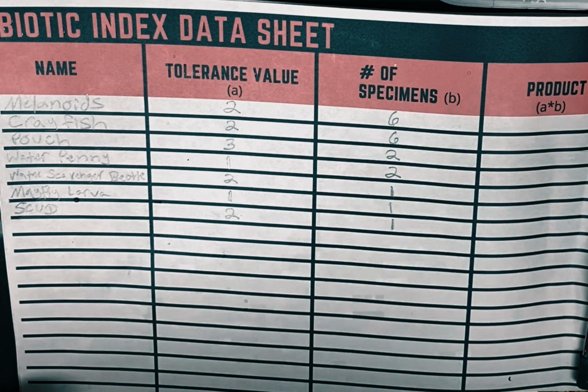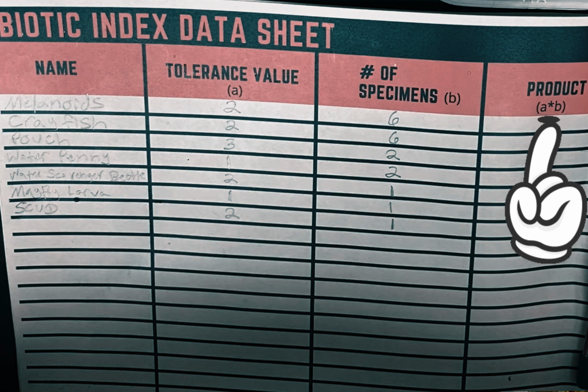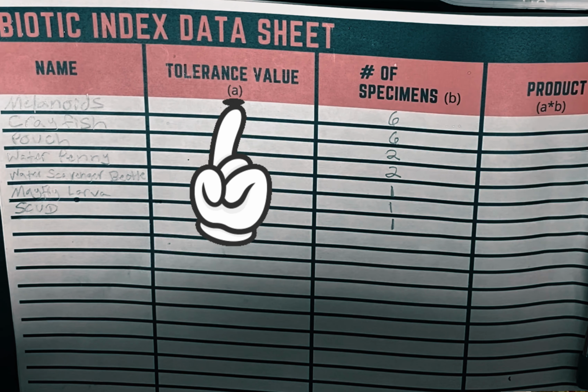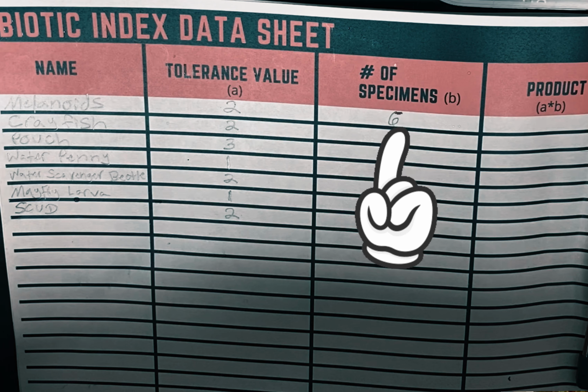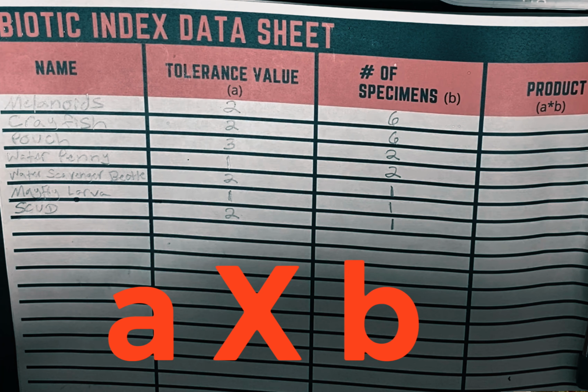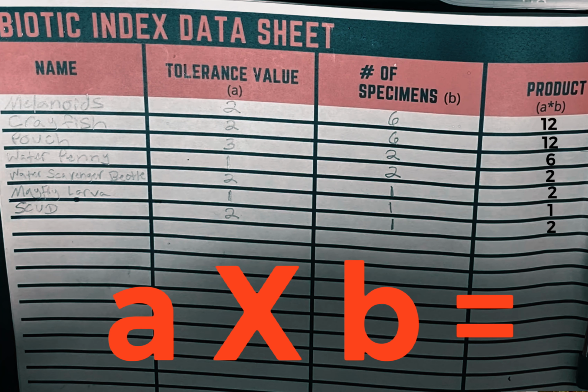First off, if you haven't done so already, for each species, calculate for the product in column 4. Use the tolerance value in column 2, as well as the number of specimens in column 3, and multiply these two values together. Then enter your new value in the 4th column.